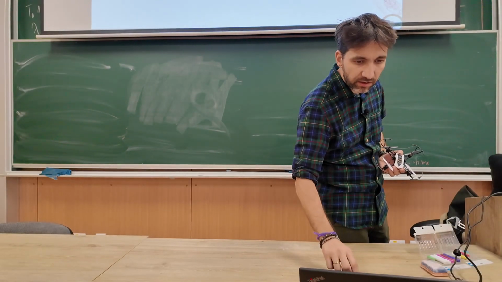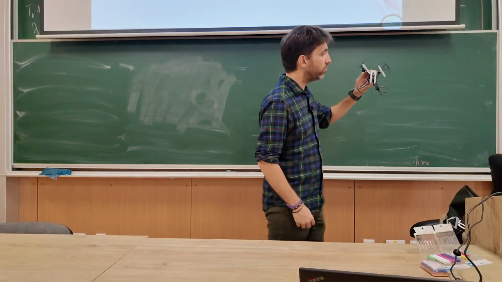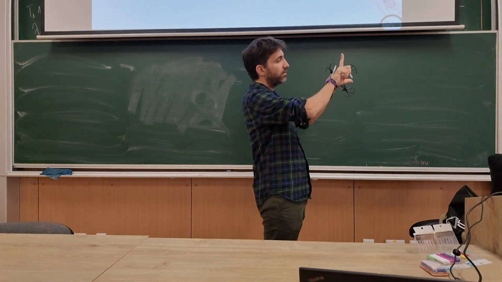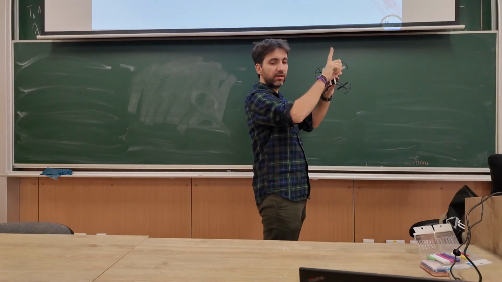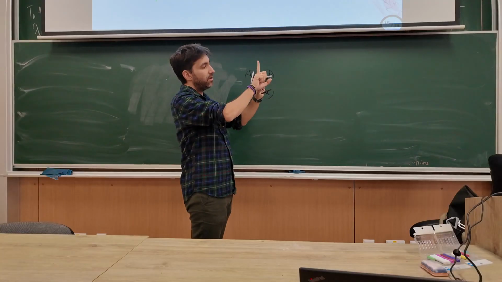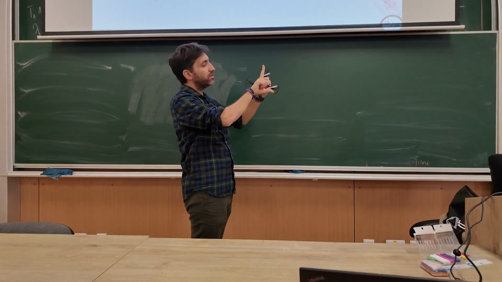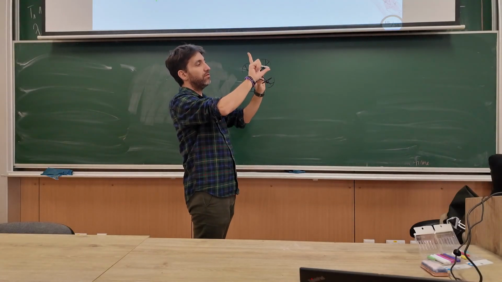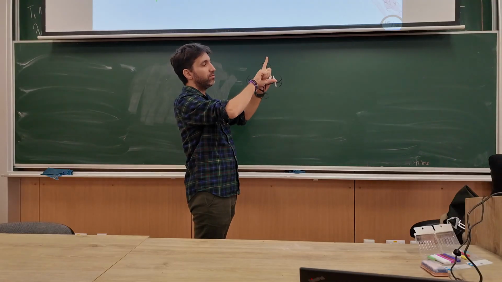So here you see if I have the drone, basically X and Y will be like this. This is the X configuration, because it looks like an X. While for the plus configuration, it's basically like this. And so it looks like a plus. Or you can think of it like the axis is moving or the robot is moving, it doesn't matter.